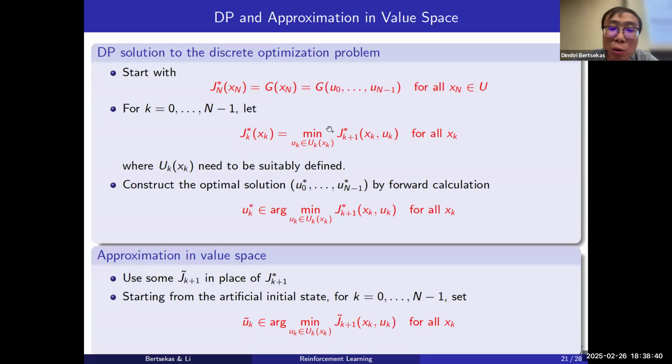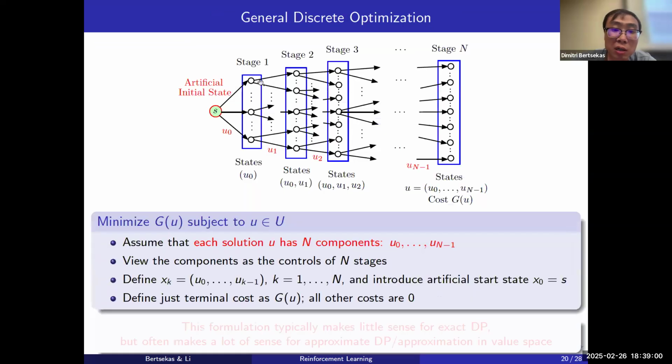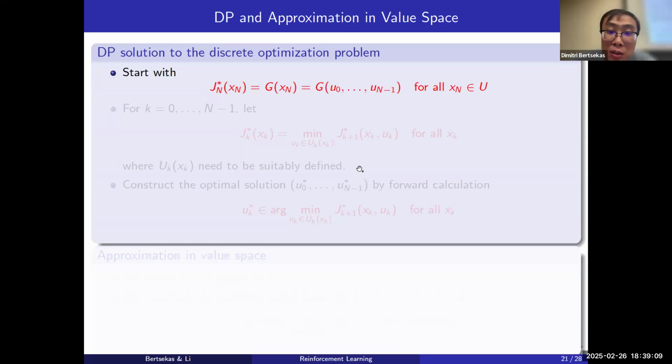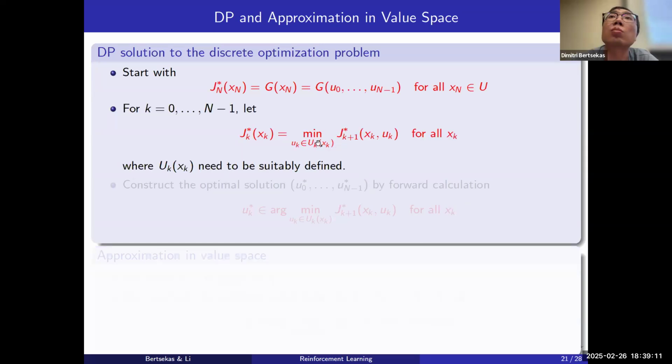The standard dynamic programming formula here is to minimize a sum of the stage cost and the optimal cost of the future state. The stage cost, the small g in this problem, is 0. As we mentioned earlier, there is no cost until the terminal cost here, therefore this g is missing.